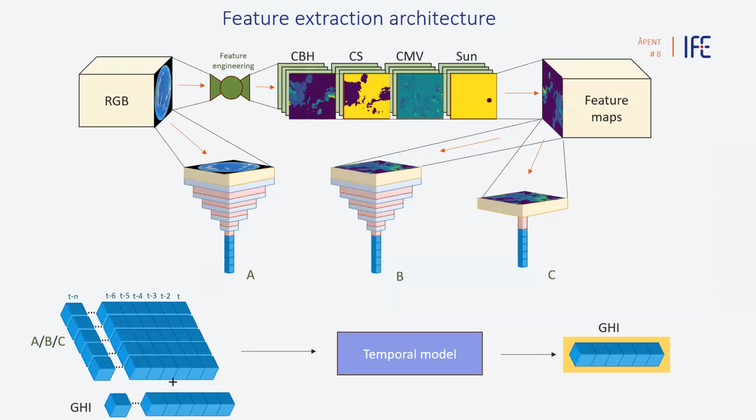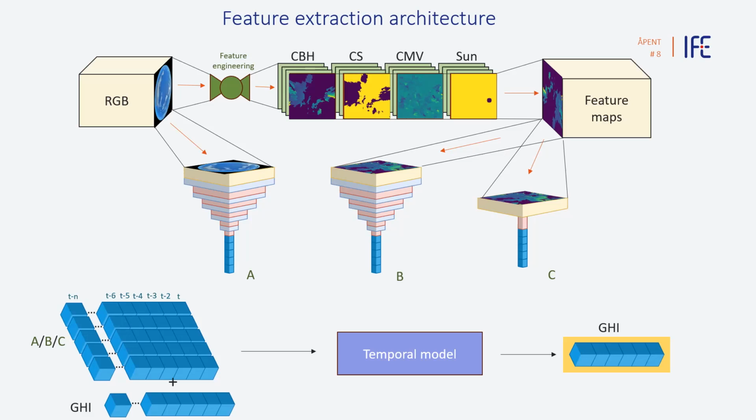Here is a diagram showing our feature extraction architecture. There are 3 options we are investigating. We take the raw RGB images and feed them to a convolutional neural network, our option A. We do feature engineering to extract masks of different physical things that might help the model, and then we either feed these masks to a convolutional neural network, or we aggregate the data into time series.